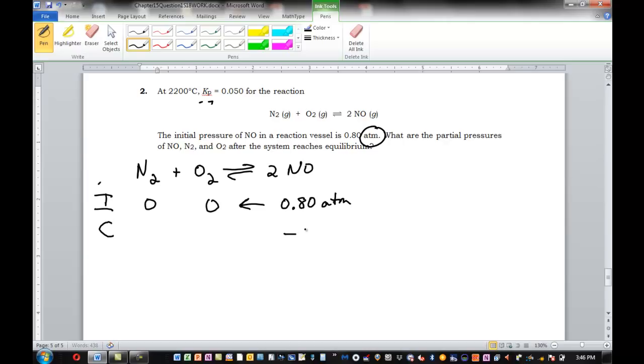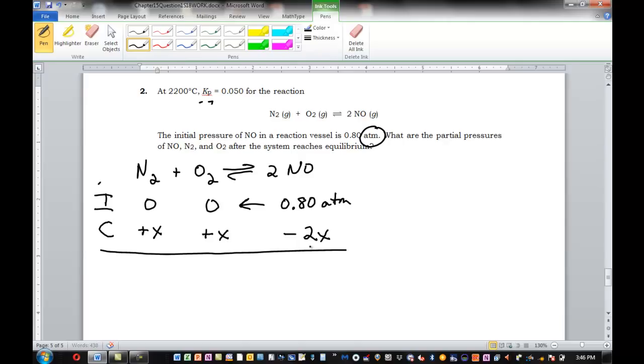So our amount of product has to decrease. That has to be a negative 2x because we have to produce our reactant. And watch your coefficients. We have a coefficient of 2. So we're going to have to factor that in with that negative 2x term.